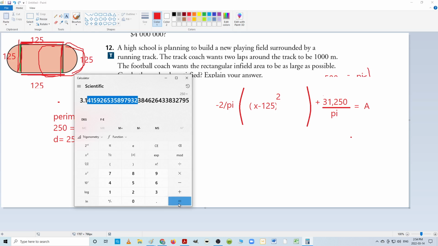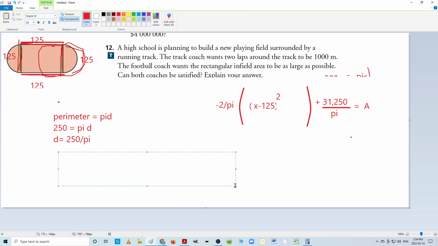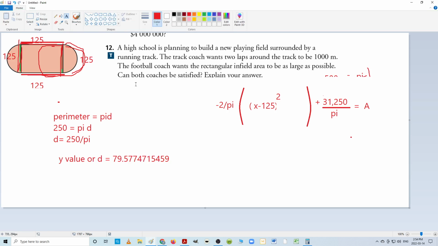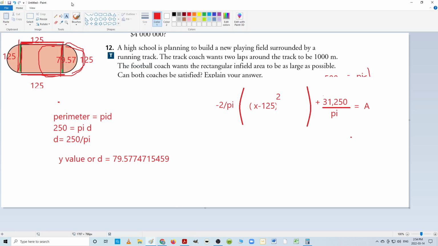Oh, you got to hit equals. Which means my y value, or diameter, is going to be equal to this many meters, which means this green part here is 79.57. To confirm that, multiply 125 by 79.57 and see if you get this y value.